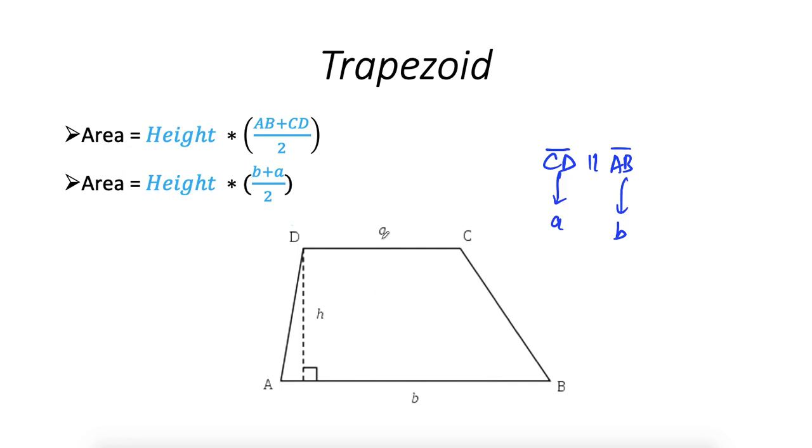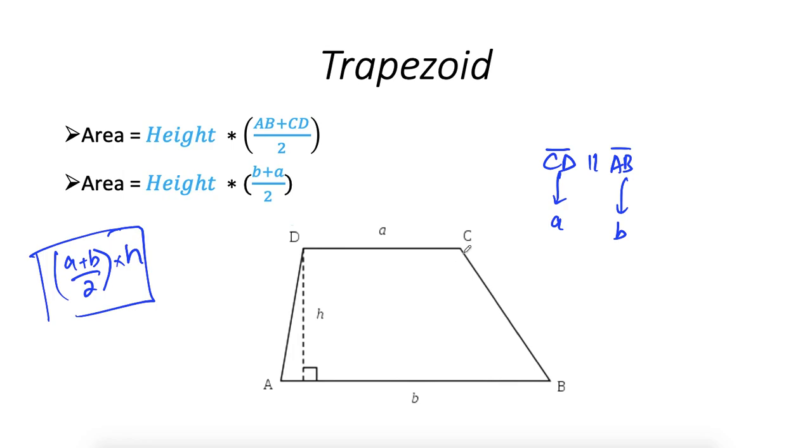To find the area, first of all I need to take the average of these two parallel sides. So that will be A plus B divided by 2, and I need to multiply this with the height, which is the perpendicular distance. So if height is h, that will be the area of this trapezoid. Now there could be another way.